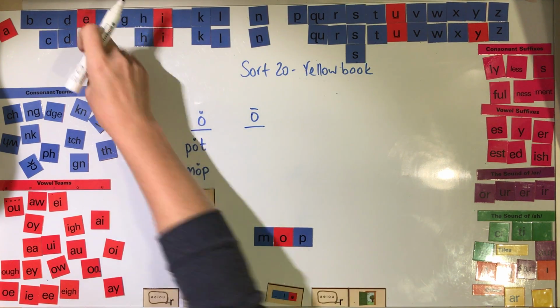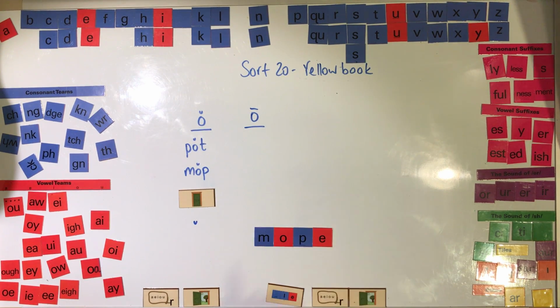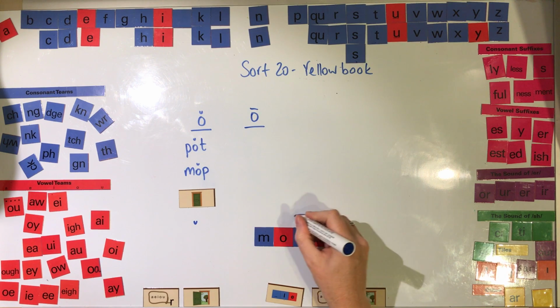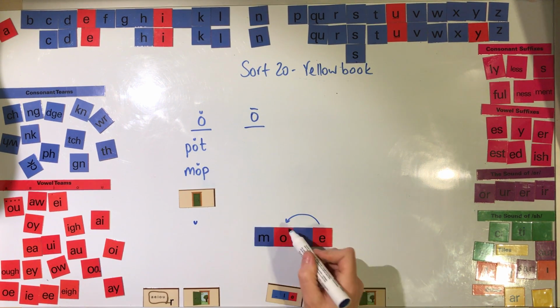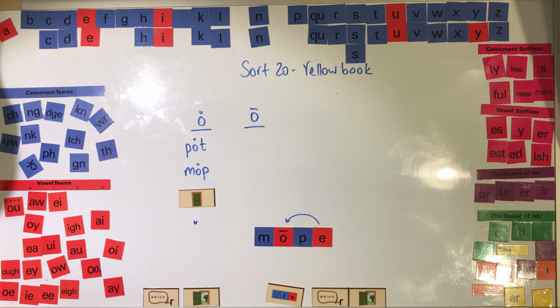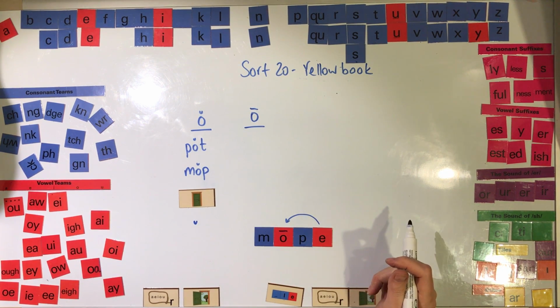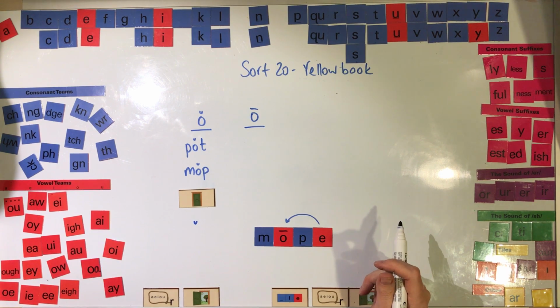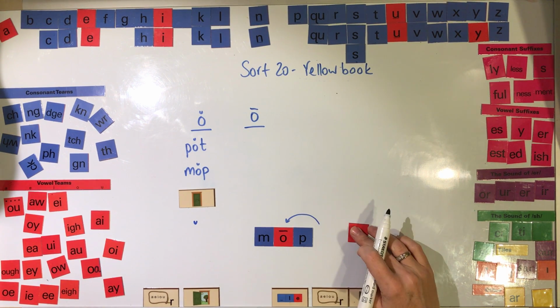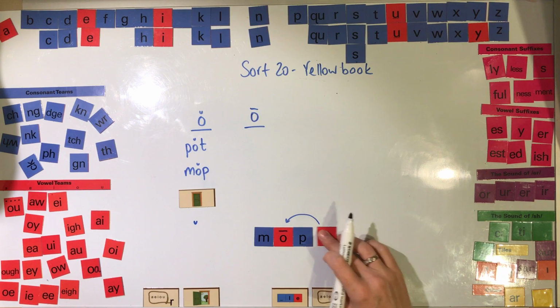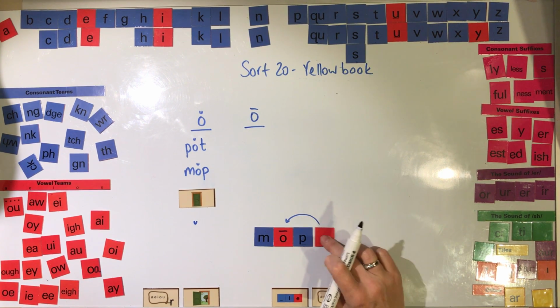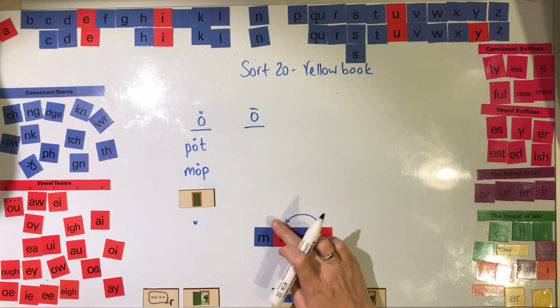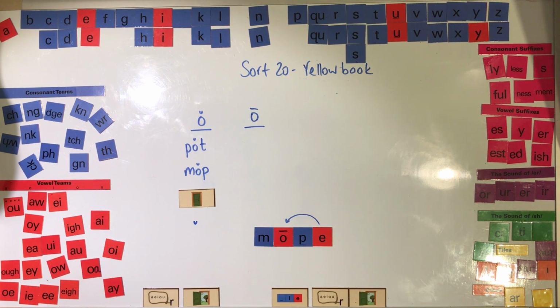You guessed it, first method is magic E. Magic E jumps over this single consonant and says, hey, don't say short O, say long O. So this actually says mope. You might mope around if you're a bit sad, or if you're not feeling very well. So mop, mope, mop, mope. That's the magicness of magic E. It doesn't actually say anything, just clicks onto a word, speaks to the vowel and says, hey, say your long sound.